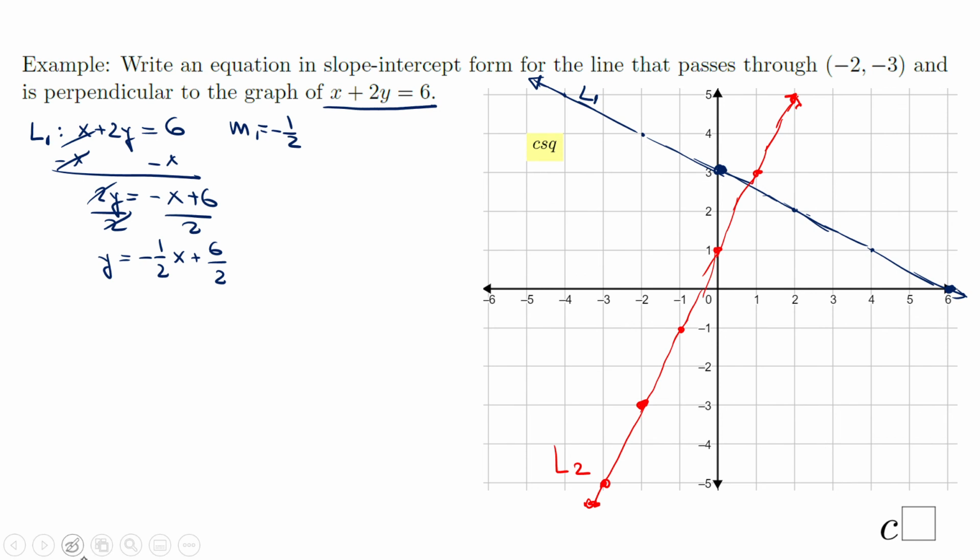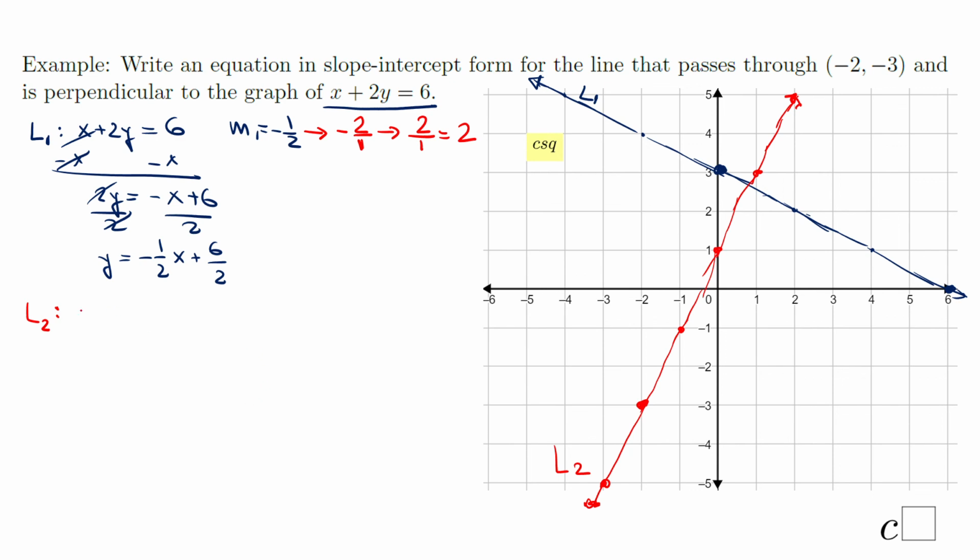So now I can go to the second line, line 2. The slope of this second line is going to be the negative or the opposite reciprocal. So let's flip this guy. That's its reciprocal, and then change the sign. Okay, so it's a positive 2.